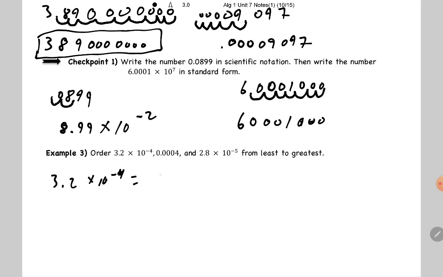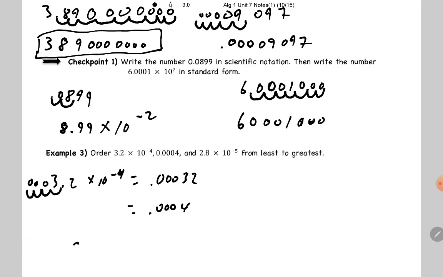That's equal to 0.00032. Okay, and then we have the number 0.0004. And then we have 2.8 times 10 to the negative 5th.